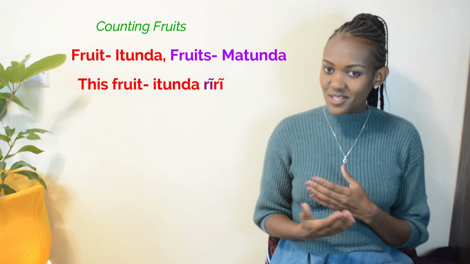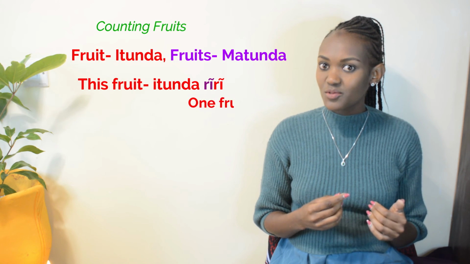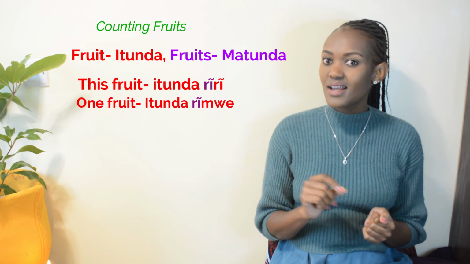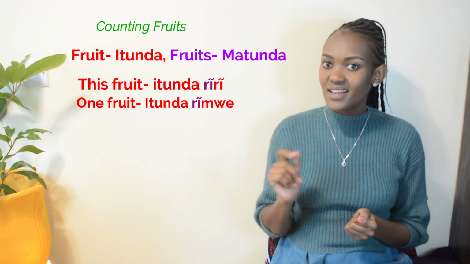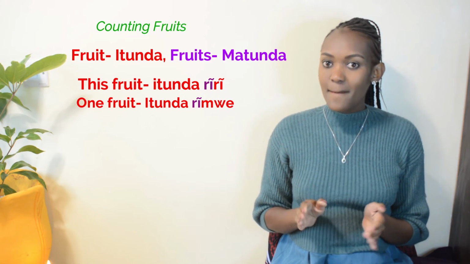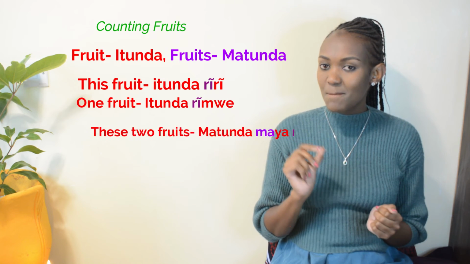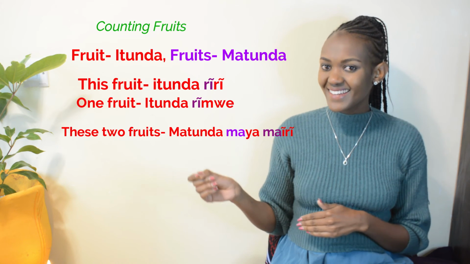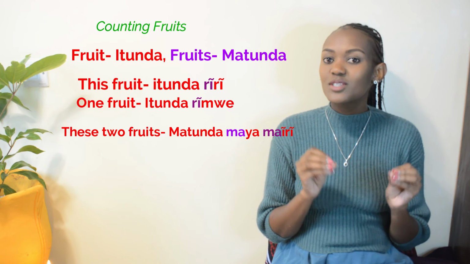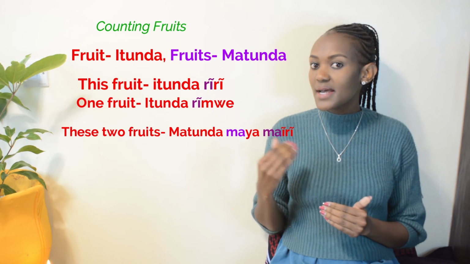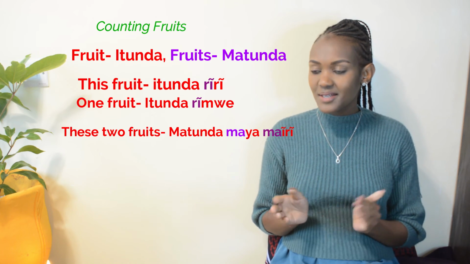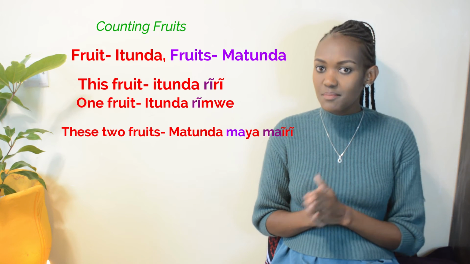So in this case, when we want to say one, we will say ituda remwe. But when there are 2, we say ma ere. Ma, because we say matuda maya. Instead of ma ere, it will be meri, matuda meri.